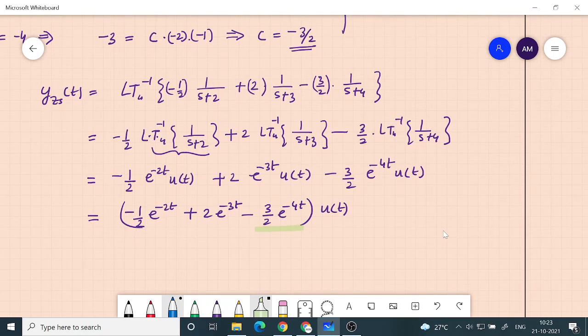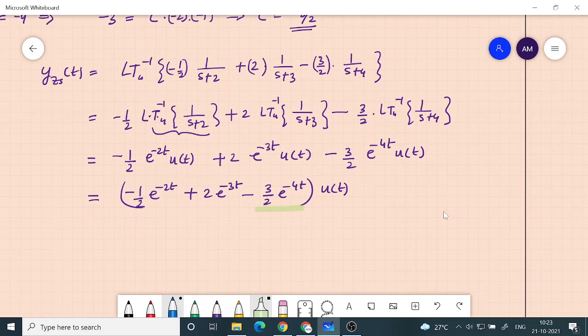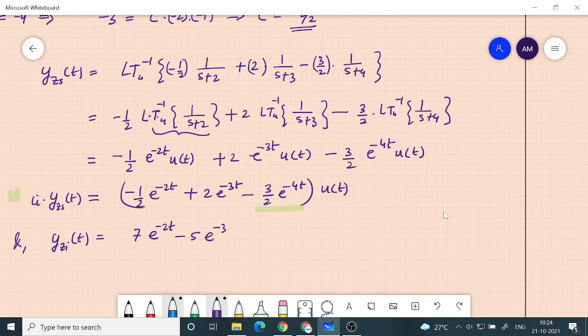So if I rewrite, y_s(t) is this, and we earlier had y_i(t), which was basically 7 e raised to minus 2t, and then minus 5 e raised to minus 3t.